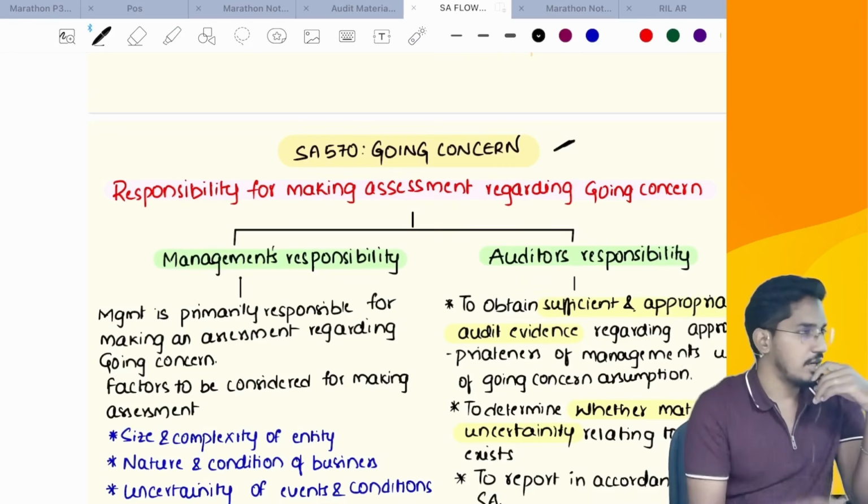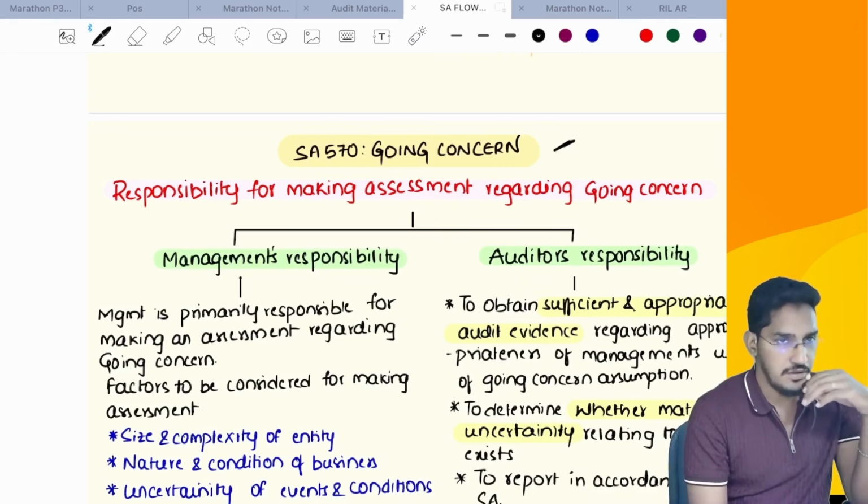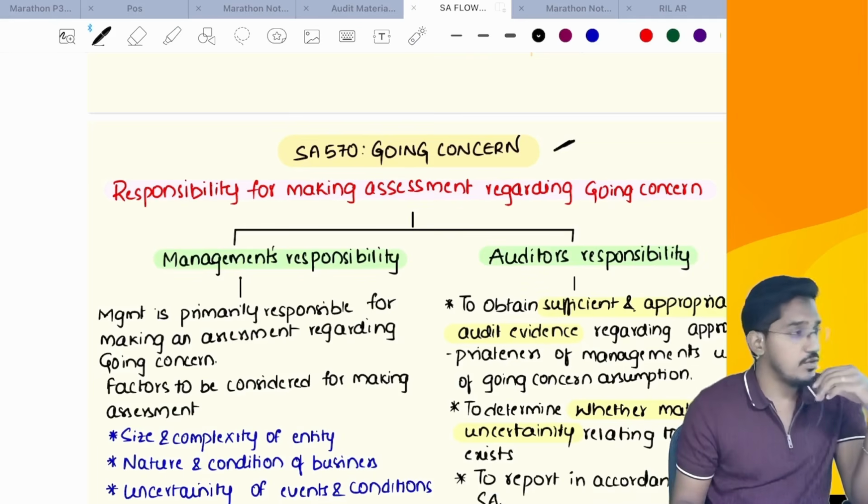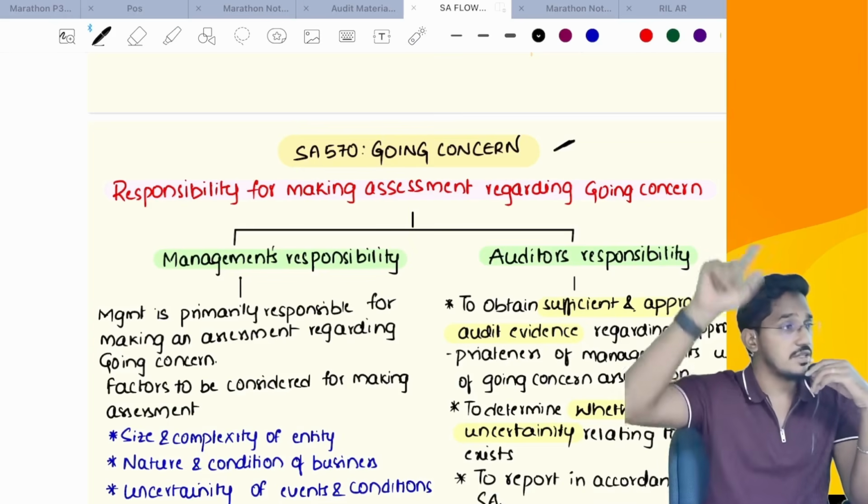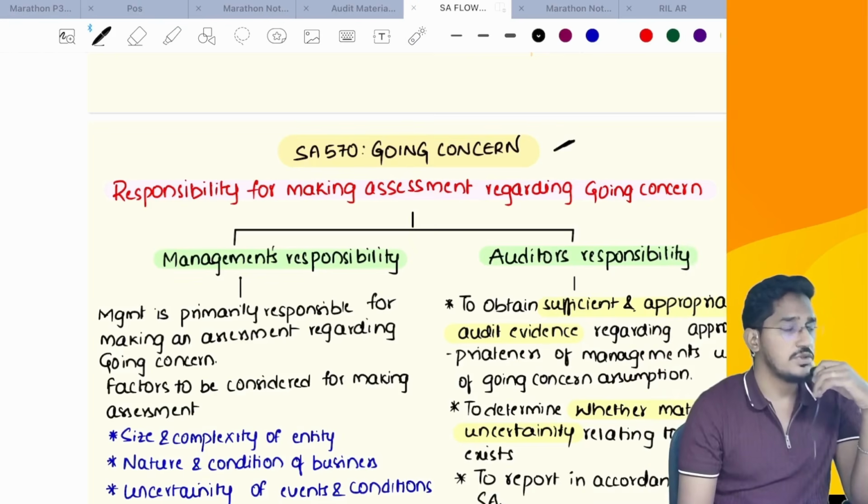That means whatever you acquired long ago, at that price we will value it. Why? Because fixed assets we are not holding with the intention of selling. We are holding them for the purpose of using them in our business. So that is the meaning of going concern basis. When we are preparing the financial statements on going concern basis, we continue to value our fixed assets at historical cost because we don't have any intention of selling them.